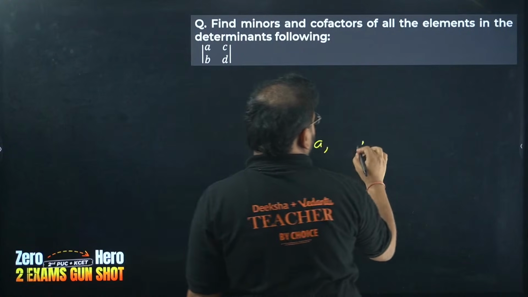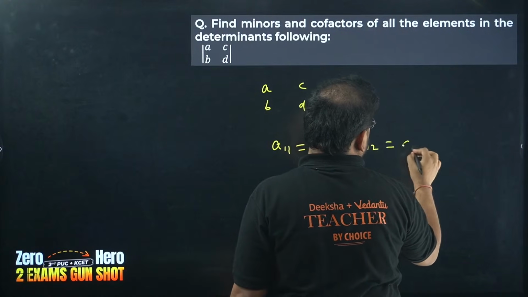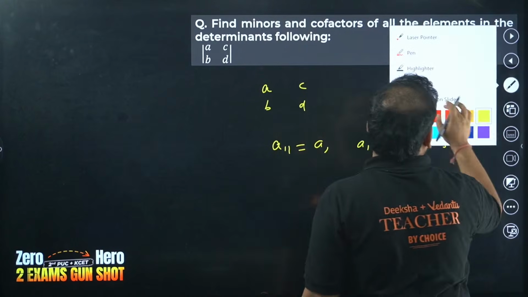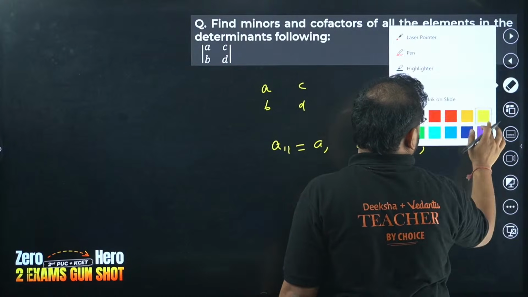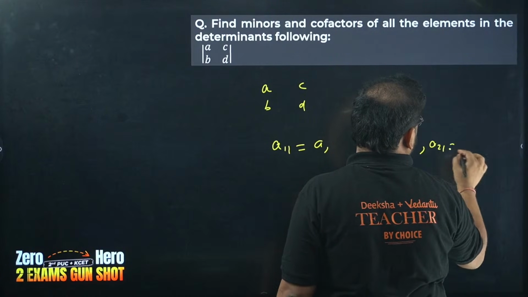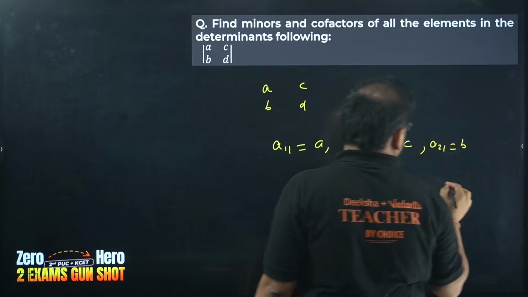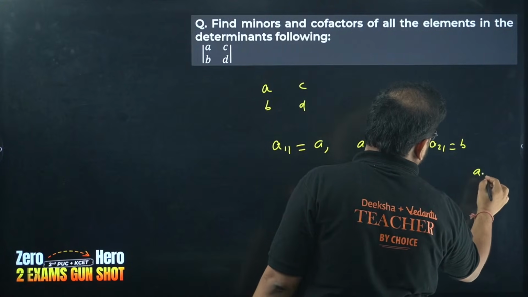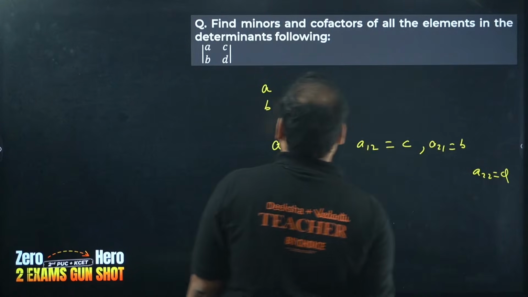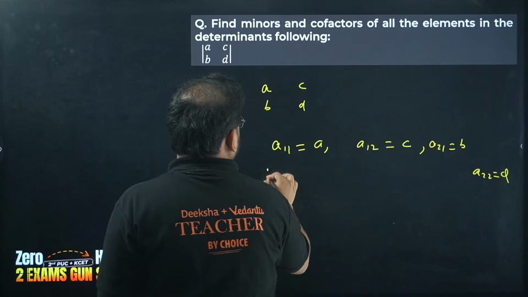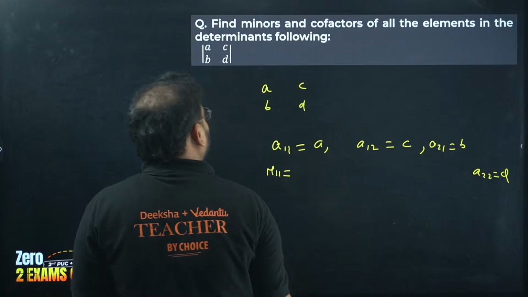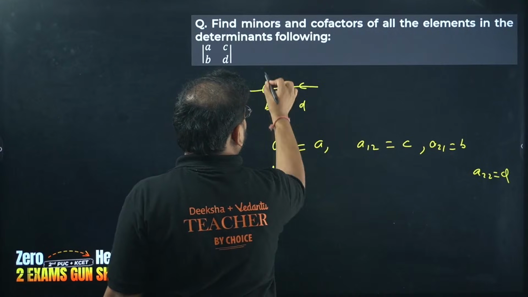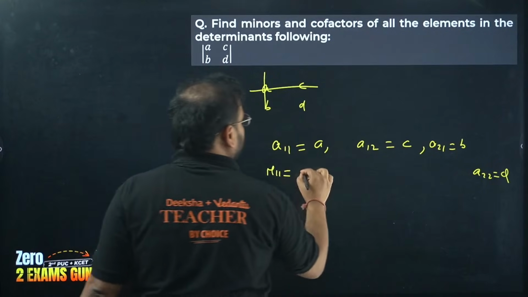A11 is a, A12 is c, A21 is b, and the last one, A22, is d. So what is going to be my M11 value? M11 will be the minor. You have to remove that particular row and column where the address is, and the minor will become d.